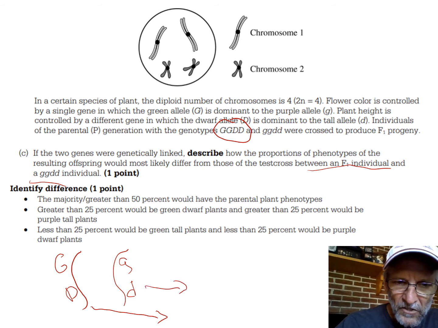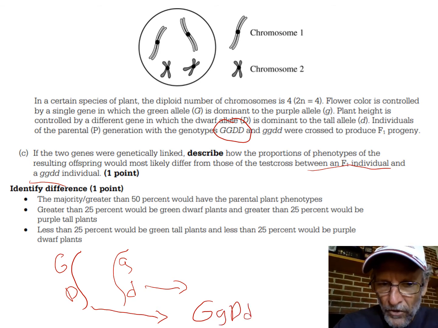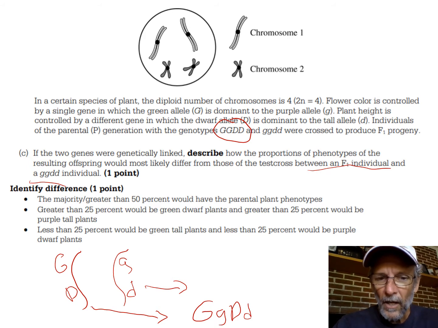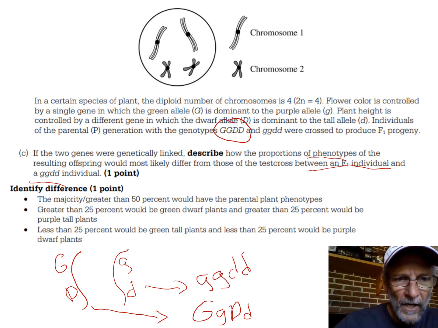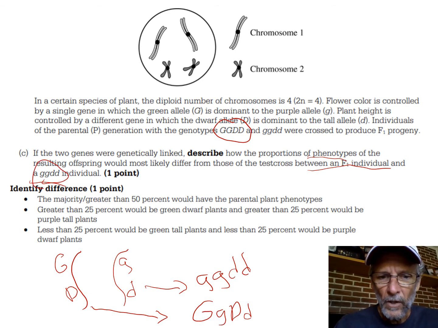So if they gave this chromosome, you'd have a kid that had that genotype and showed both dominant phenotypes, because they're also asking you about phenotypes here, not genotypes. Or the kid that got this chromosome in a gamete, along with what it got from that individual, had both recessive traits.